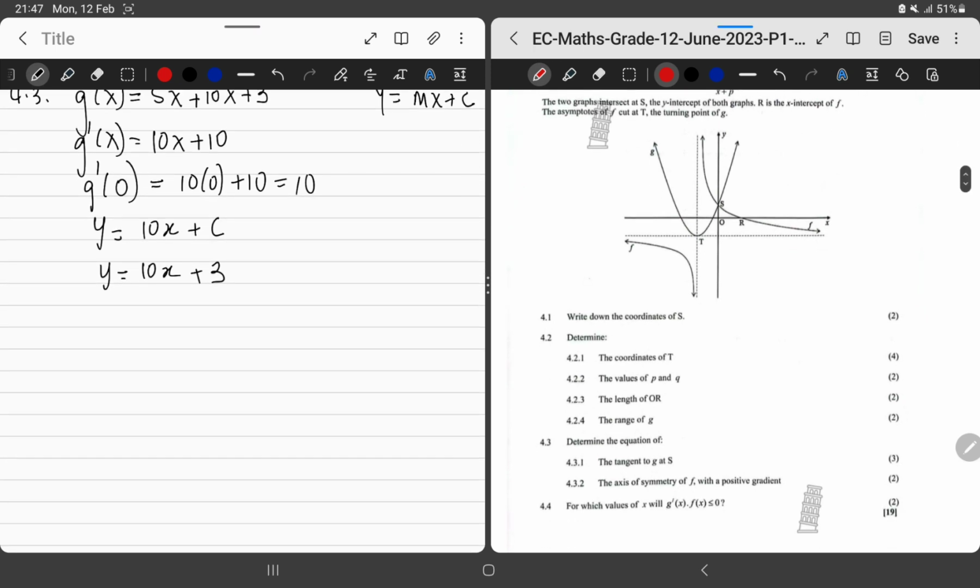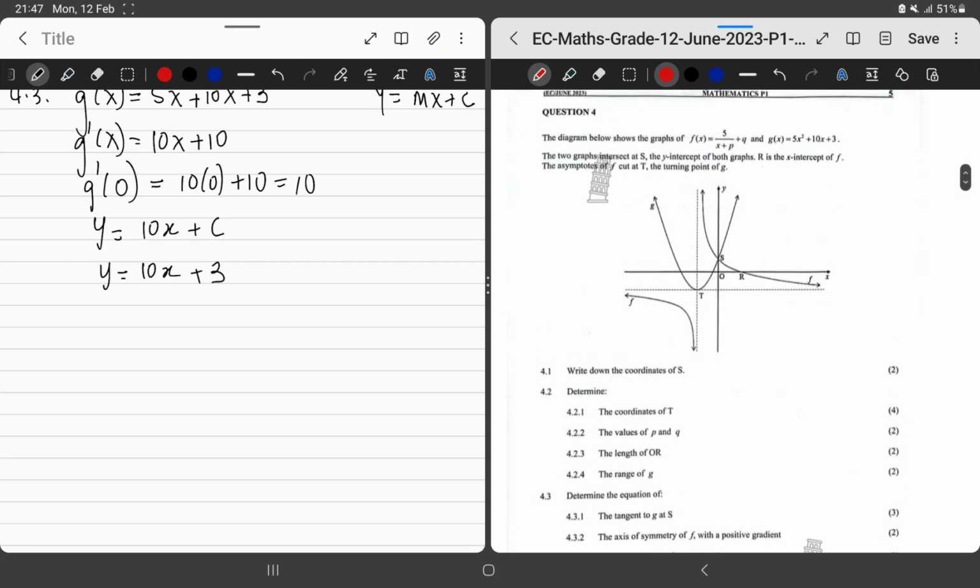The axis of symmetry of f with a positive gradient. The axis of symmetry refers to that line that cuts. So we are looking for the line y equals x plus c, because we want the gradient to be positive. 4.3.2.